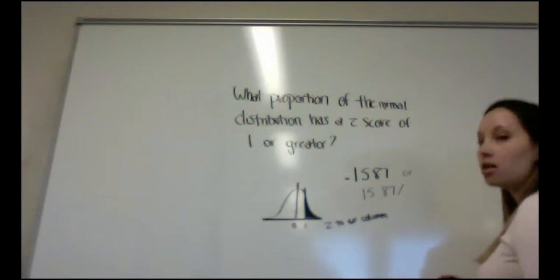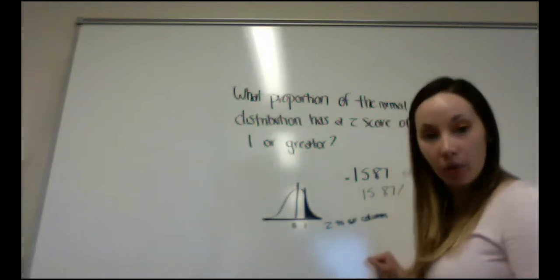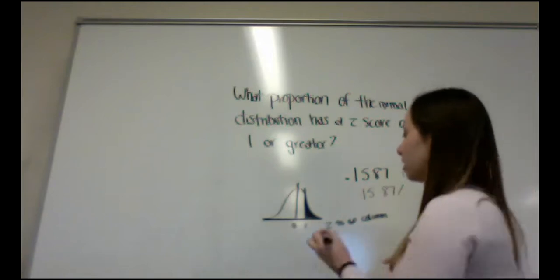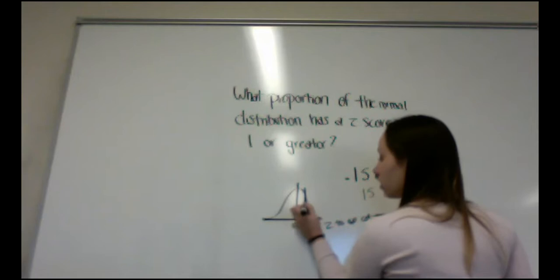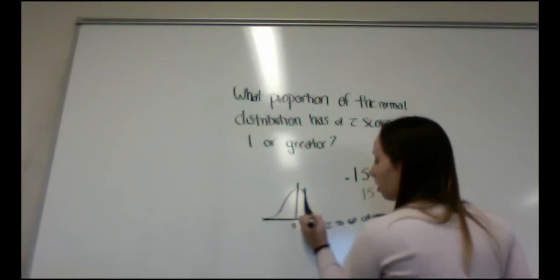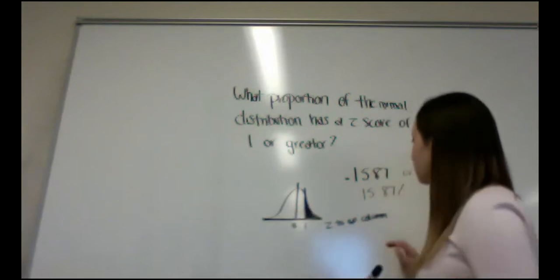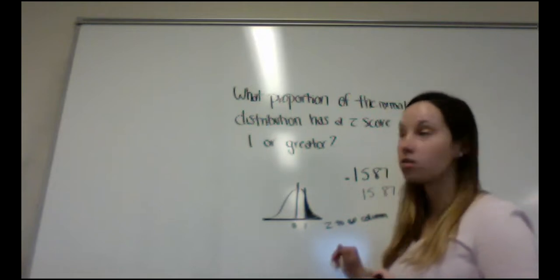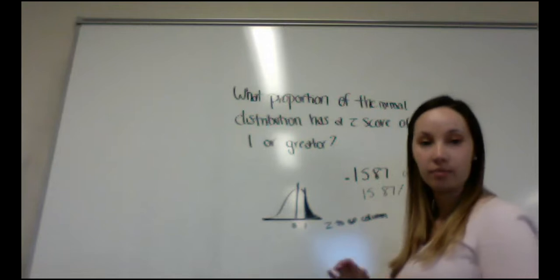So what that's saying is 15.87% of the distribution is associated with this black shaded region here. Another way of saying that is you have a 15.87% chance of getting a z-score of 1 or greater. So that's how you would work a problem like that.